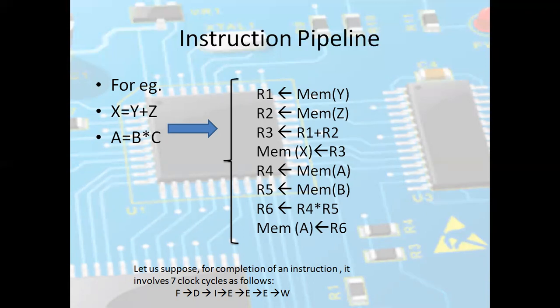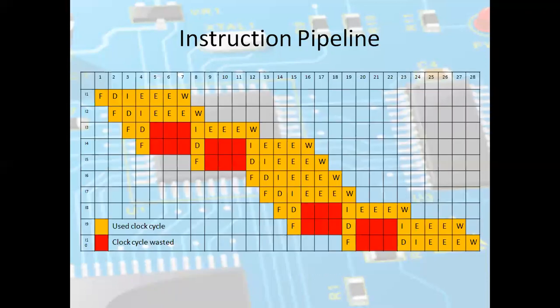To minimize this delay, to reach the ideal condition, we have to use R1, R2, then R4 and R5, because there are no dependencies if we use this sequence. If we change the sequence, then definitely the idle time of the processor can be minimized.